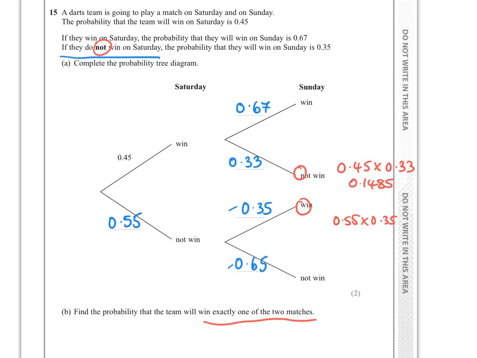And then 0.55 times 0.35, that's 0.1925. And then all we do is we just add these ones up. So let's see what we get. And I get 0.341.